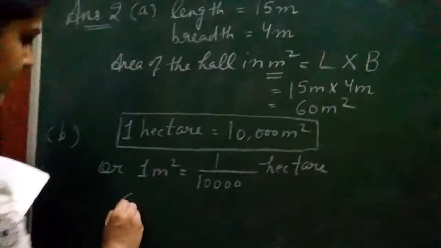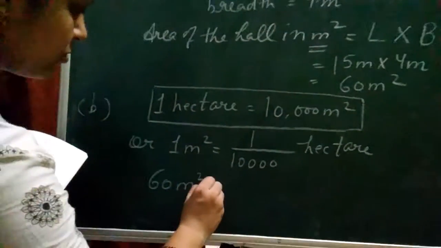And what is the area of the hall in meter square? It is 60 meter square.